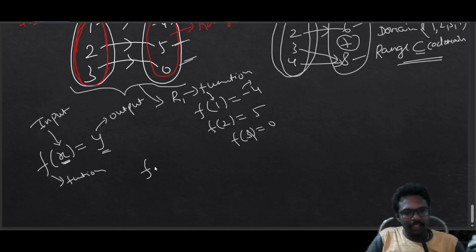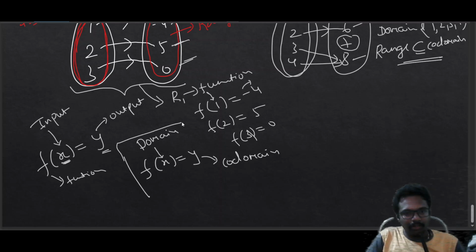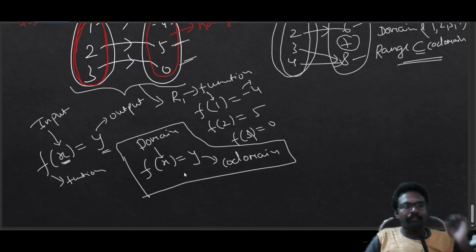We denote a function as f of x equals y. This x comes from the domain, and this y will be in the codomain. This we have to know: f of x equals y.